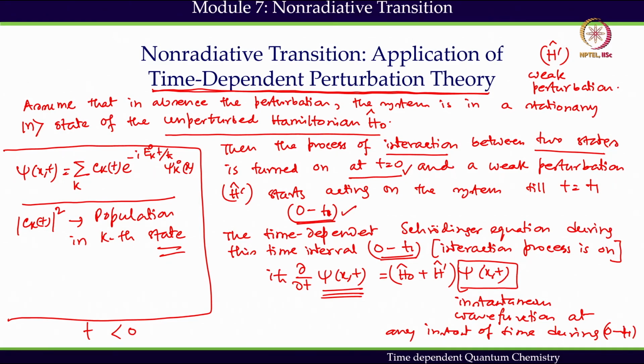During this time interval, the wave function will be time evolving. And how can I get the wave function? The wave function can be obtained from this TDSE. This is the instantaneous wave function at the time when this interaction is going on. And this wave function is expressed as a linear combination of all stationary states, where this expansion coefficient is related to the population, I mean the population of a particular state.